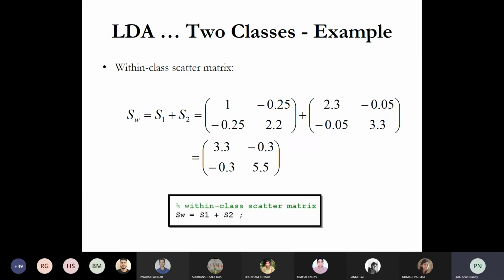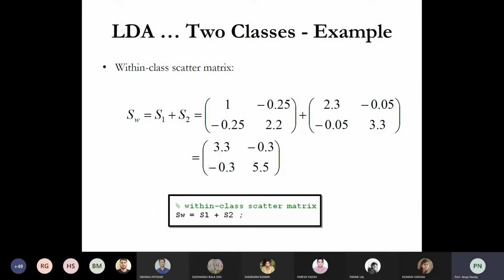Next is the within class scatter matrix. So what is the formula? SW is equal to the summation of i is equal to 1 to C of Si. As we have two classes, SW is equal to S1 plus S2.